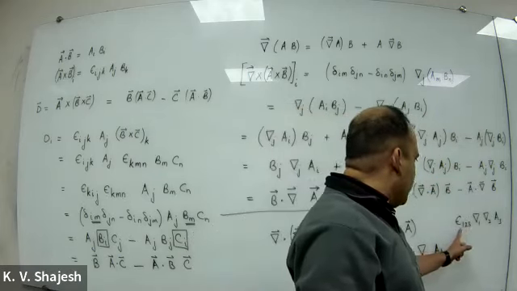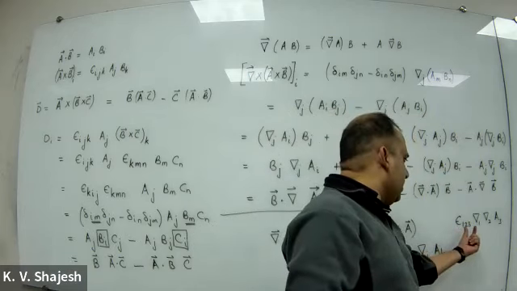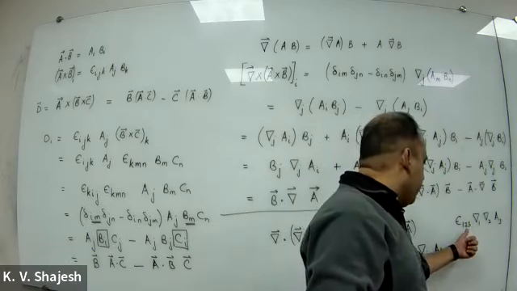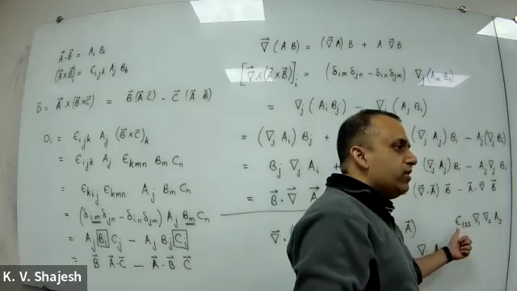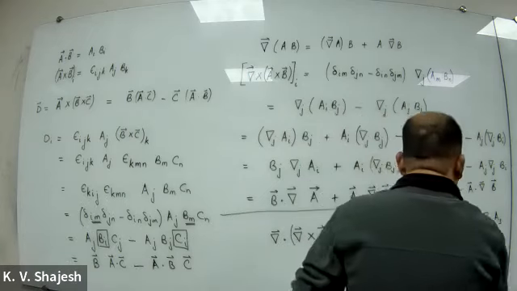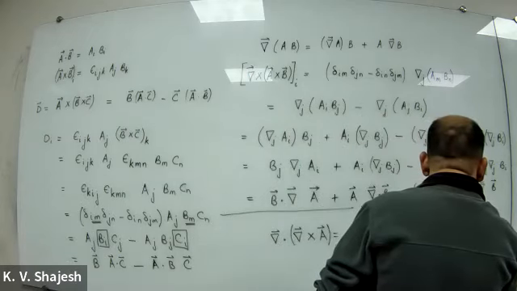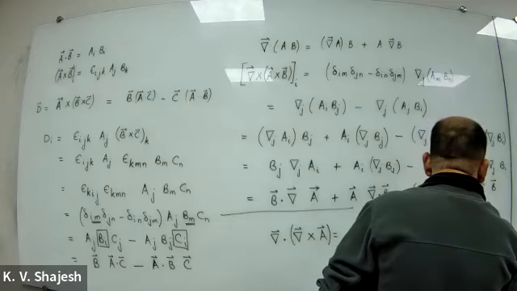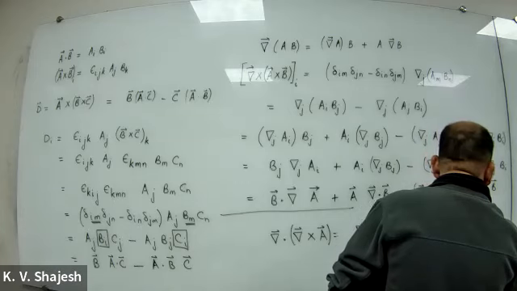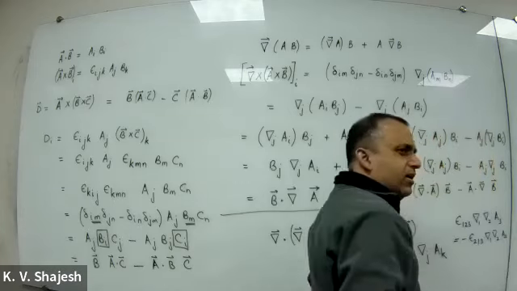Epsilon_123 is antisymmetric under a replacement of two indices. If I replace 2 and 1, it changes sign. So that's the same as minus epsilon_213 del_1 del_2 A_3.